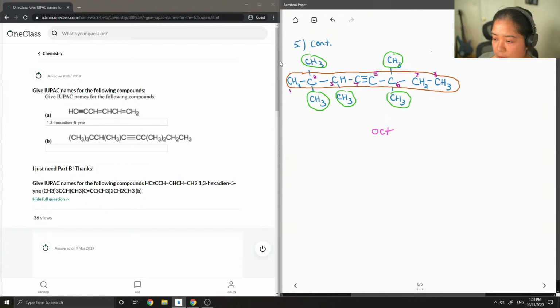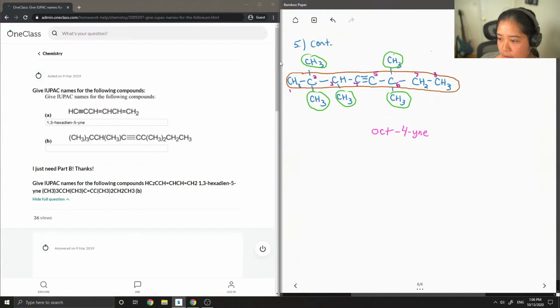So I'm going to do the triple bond last. Basically, you want to do this in alphabetical order. And since it ends in "-yne", Y is last. So I'm just going to say this will end in "-yne". So this just shows that there is a triple bond on carbon 4.